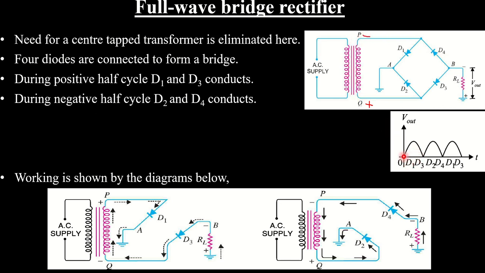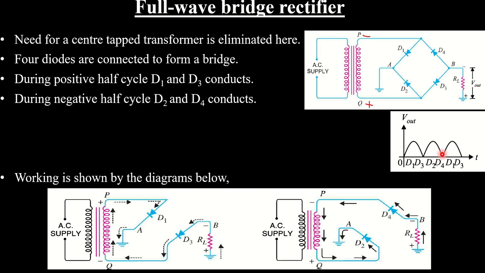This is the output waveform of a full wave bridge rectifier. During the positive half cycle D1 and D3 conduct, and we get an output like this. And during the other half cycle, D2 and D4 conduct, and we get another cycle like this.